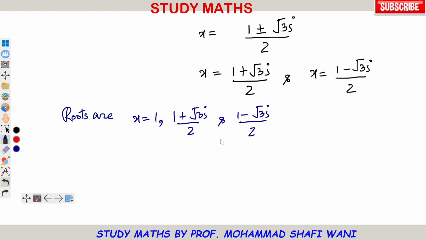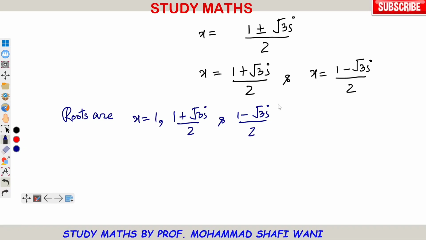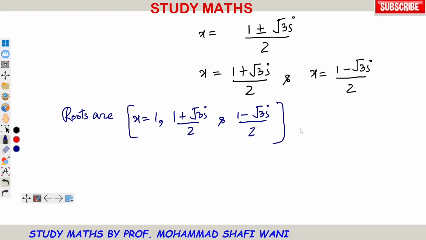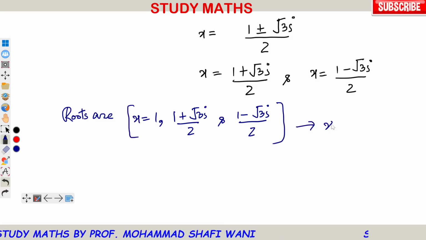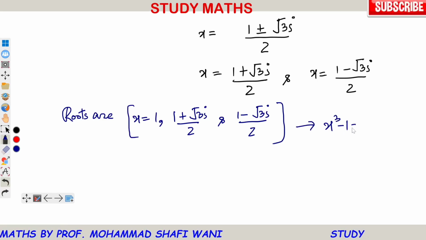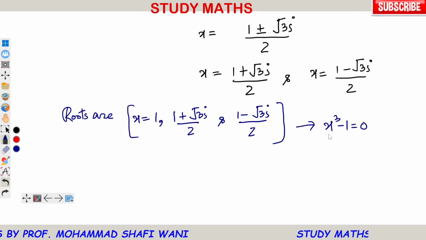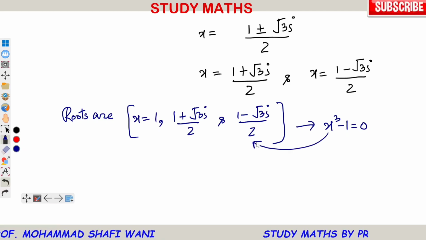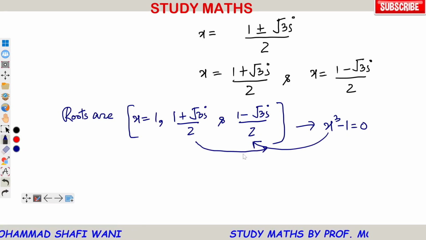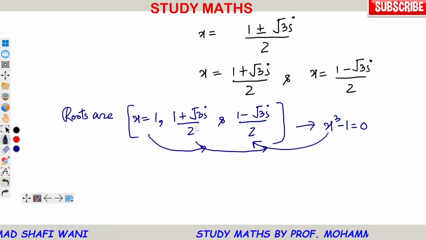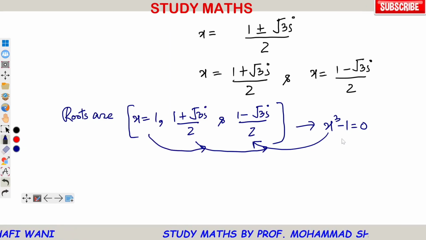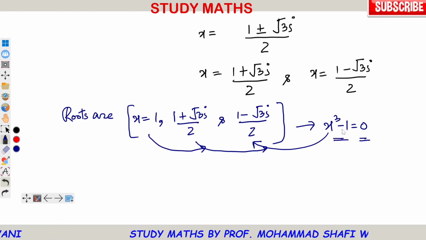These are the three roots of this cubic equation, x cube minus 1 equal to 0. It means when you input any value of x as 1 or this one or this one, the LHS will be equal to RHS.